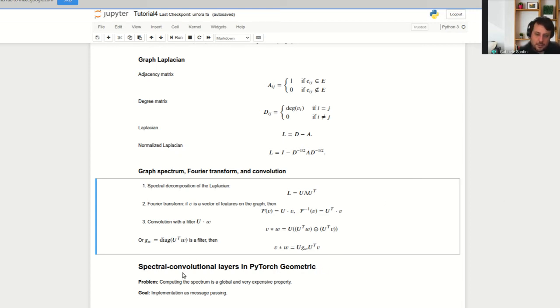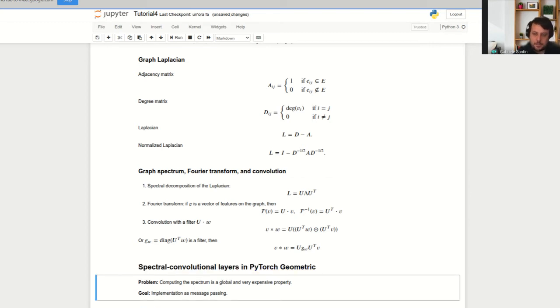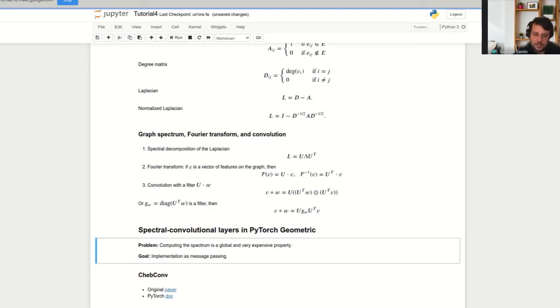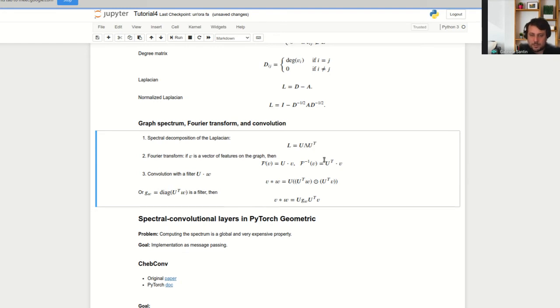Now we move to the actual use of this in PyTorch. There is still some work to do, due to the fact that this is an extremely slow operation. The first problem is that this operation is global, so we need to form the entire matrix A and the entire Laplacian. It is also slow because we need to compute an eigendecomposition, which is usually very computationally expensive.